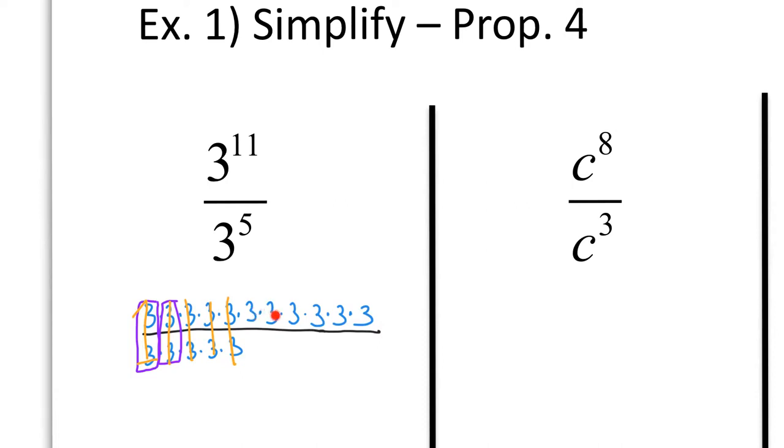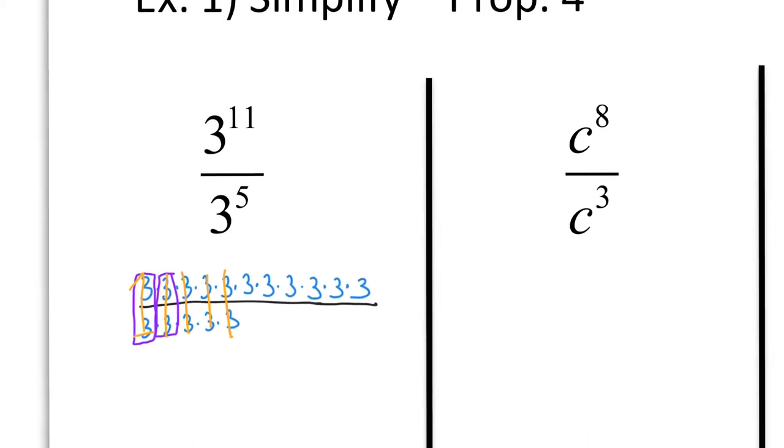Here's 1, 2, 3, 4, 5, 6. So we have 3 to the 6th power. And guess what? 11 minus 5 is 6. So I'm going to write that down. You will have 3, and I'm just going to show you the subtraction 11 minus 5, and that equals 3 to the 6th power.